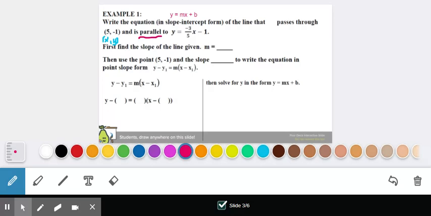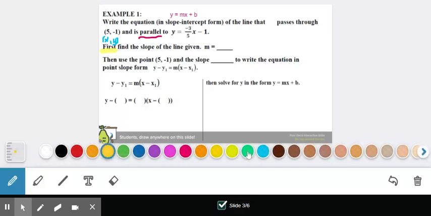Okay, so the first thing that I need to do here is find the slope of the line given. The slope of the line they gave us is -3/5.